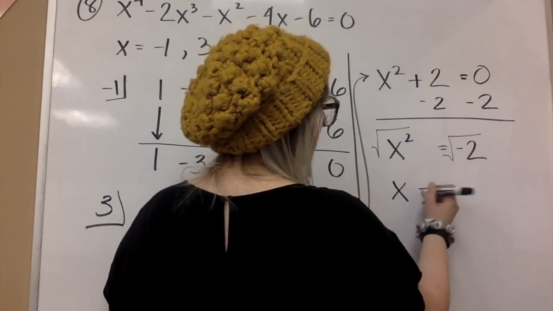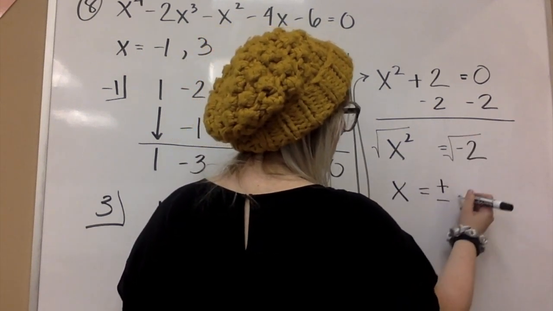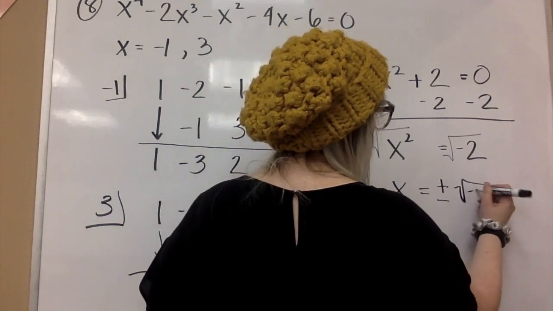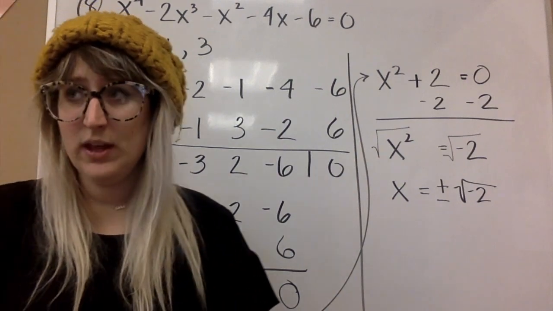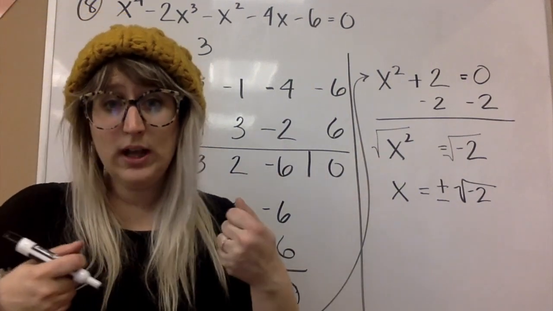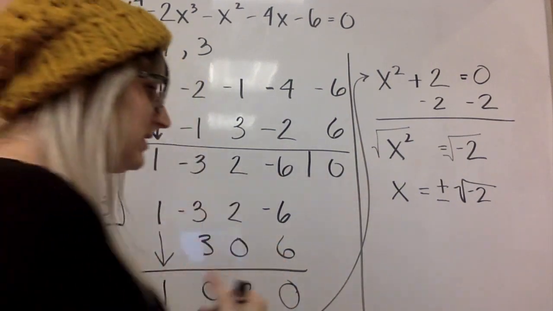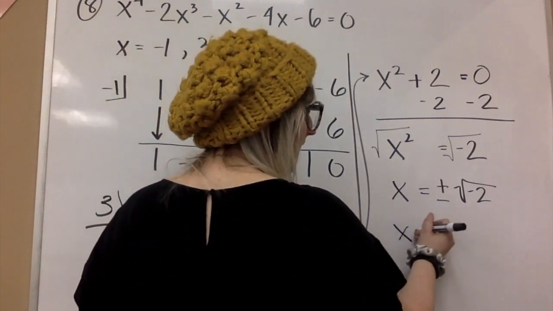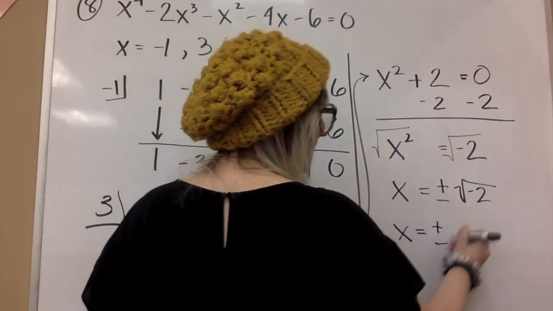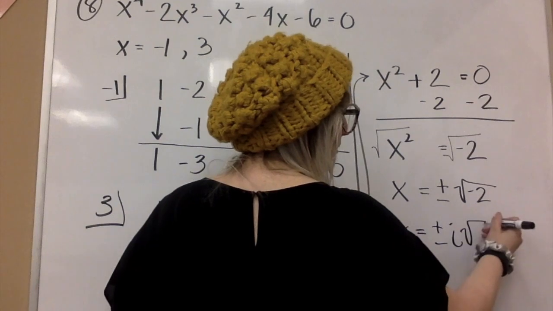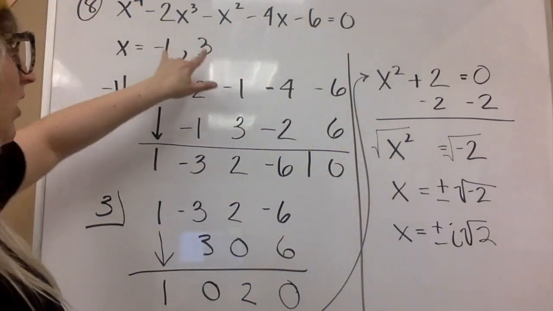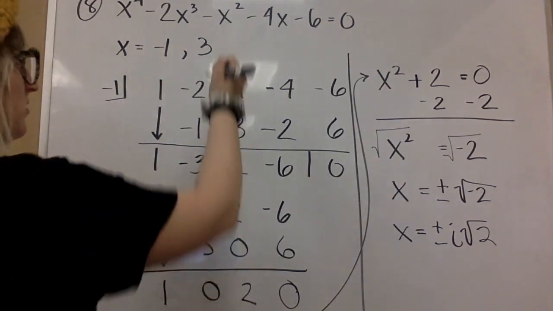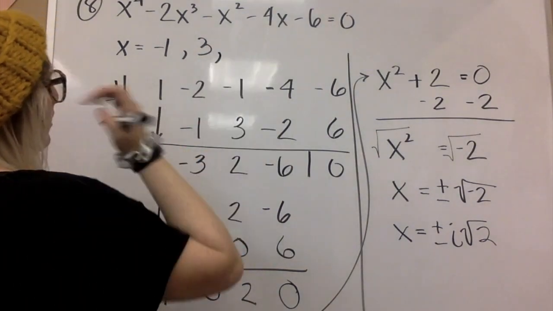So x is going to equal plus or minus the square root of negative 2. However, we can't have a negative square root, so we pull out that negative and replace it with an i. So the values for x are going to be plus or minus i√2. And those are our 2 other values for our equation. Those are our 2 other roots.